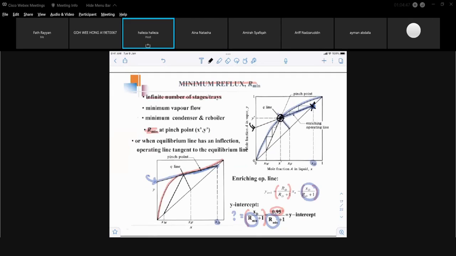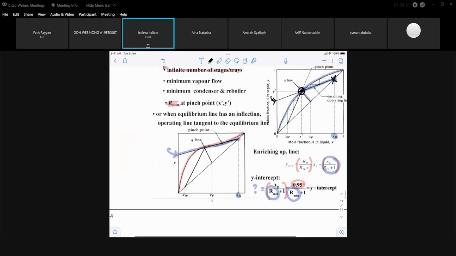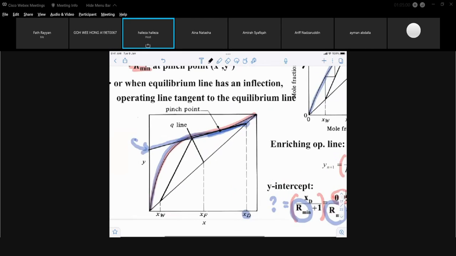There are two methods of doing it. You get your intercept there. And if your equilibrium curve is in that format, your first point again is on the 45-degree line, and the other point will be tangent to the curve. Your line should be tangent to the curve, which is the pinch point.